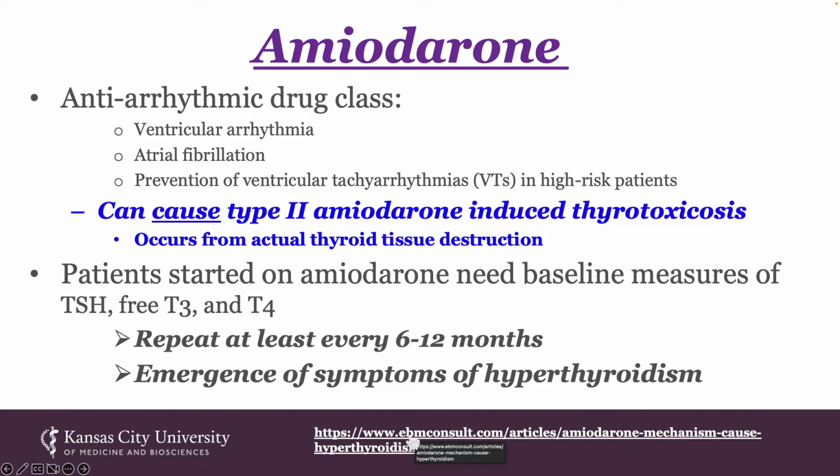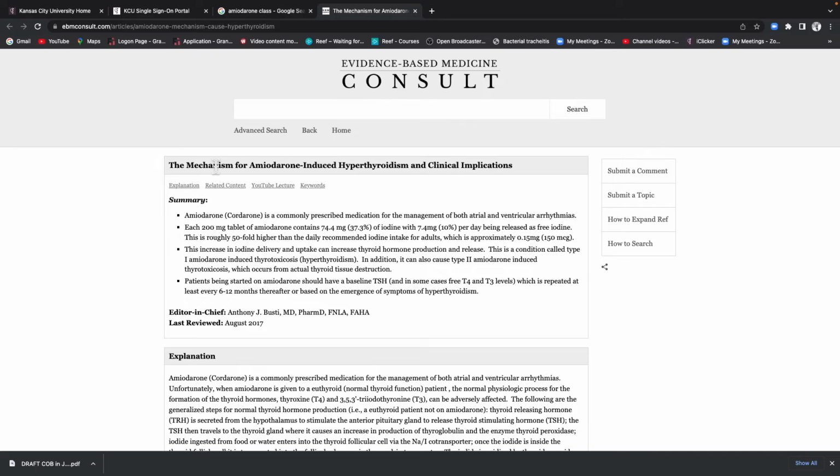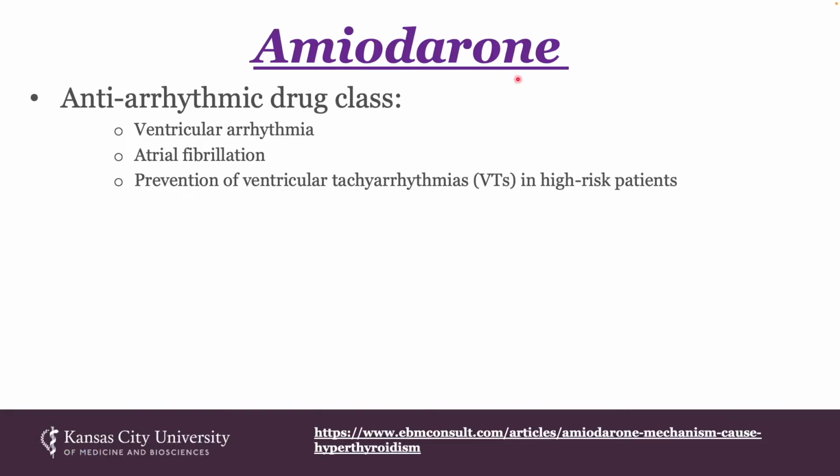If you click on this link, the article describing the mechanism for amiodarone-induced hyperthyroidism and its clinical implications will be revealed to you. Amiodarone is in the antiarrhythmic class of drugs. It's used to treat ventricular arrhythmias, atrial fibrillation, and also used in the prevention of VTs in high-risk patients.